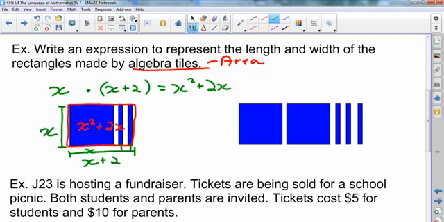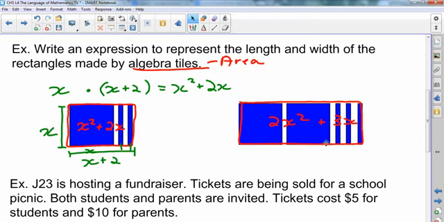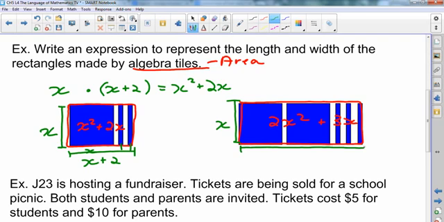Okay, try that again on the second one. So again, we're looking at the area of the rectangle being represented by the tiles. So we have 2x squared plus 3x for the area. And then for the length and width, we have a length of x, and we have a width of x, and 1, and 1, and 1.